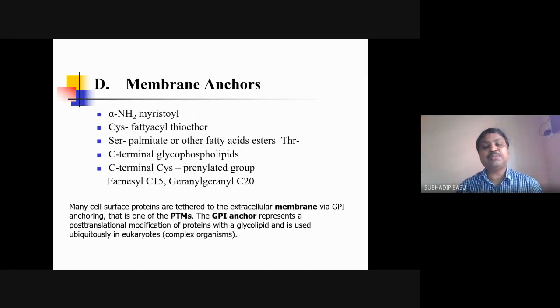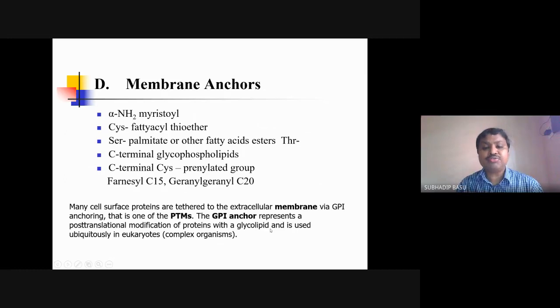They represent a post-translational modification of a protein with a glycolipid, and are widely, ubiquitously used in complex organisms. So they help in binding with many different types of proteins, and these are called membrane anchors.